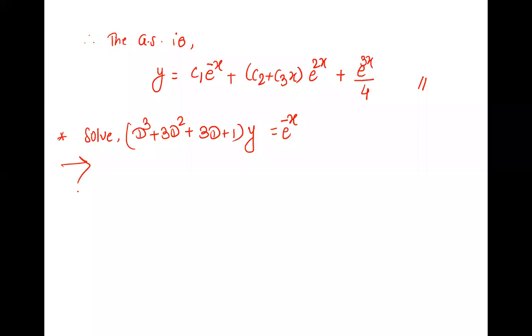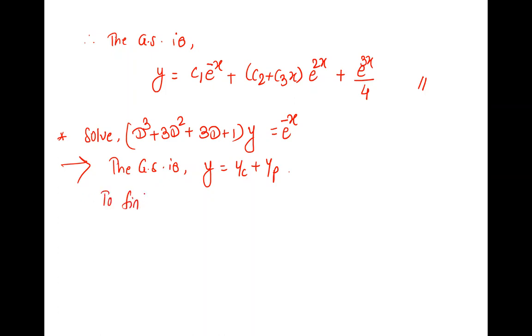Type 1 or 2? Type 2. Very good. So what is the general solution for this type? y is equal to yc plus yp. So to solve this, we have to find yc and yp. So we go first for yc.